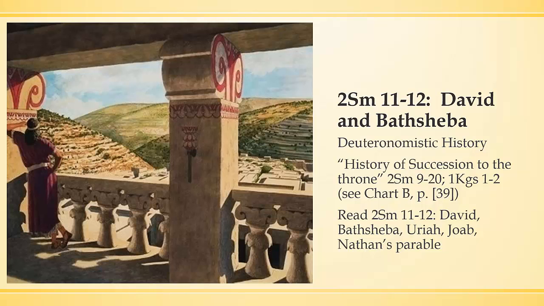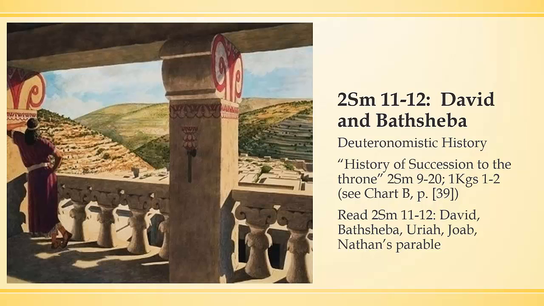In this particular passage, chapters 11 and 12, we see the famous sin of David, the great sex scandal of the reign of King David. David, who had been chosen, anointed by the Lord God, who had prospered, now shows his unfaithfulness.